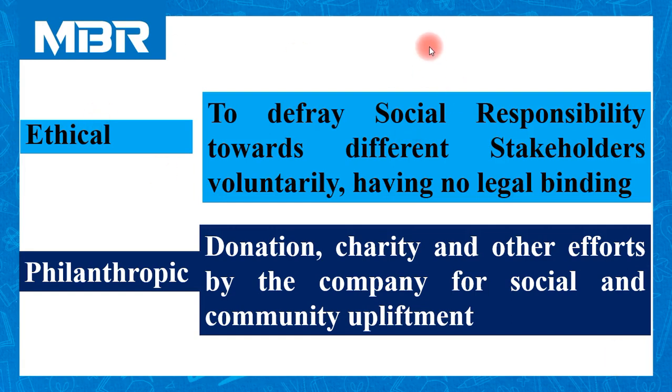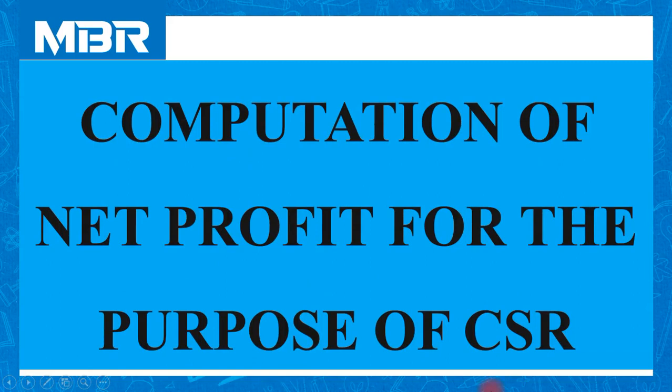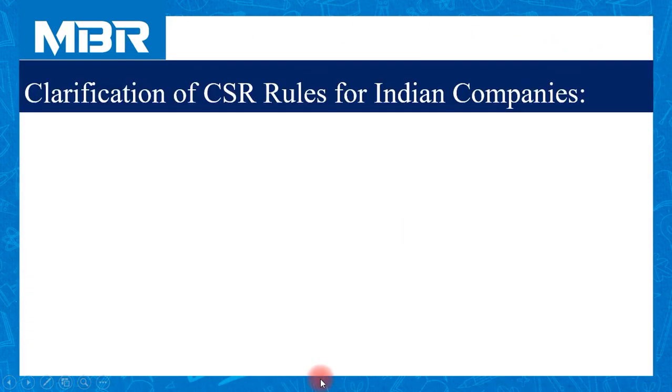After discussion of the pyramid of responsibility, let us move to the last section of this lecture: computation of net profit for the purpose of CSR. Here, I would like to discuss a few clarifications given by the Companies Act, and one needs to calculate the profit in light of these clarifications.